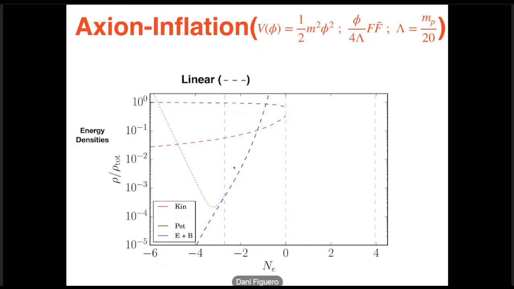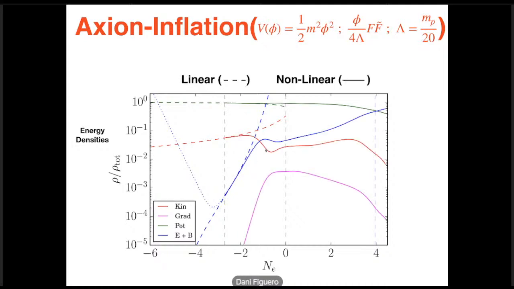Another way to picture all of this is to look at the energy densities of the different components: here in red the kinetic inflaton energy density, in green the potential, and in blue the electromagnetic gauge field energy density. In the linear regime, you are just pumping energy into the electric and magnetic fields, and since they don't back react in the linear regime, they just grow above the source, which doesn't make sense, because in the nonlinear regime we need to conserve energy, obviously.